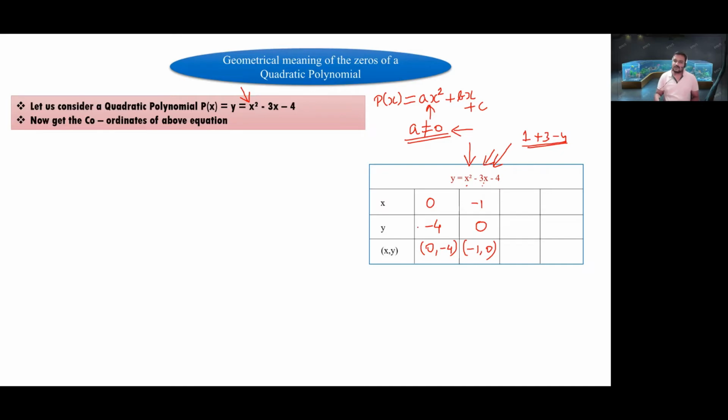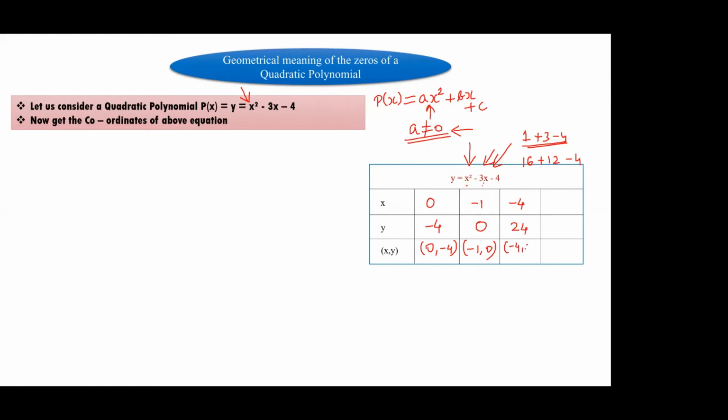Minus 4. Okay. So if I put minus 4, what I'm going to get for y then? Minus 4 square is 16, this will become plus 12, and this is minus 4. So 16 plus 12 is how much? It is 28 minus 4 is 24. So minus 4 comma 24.